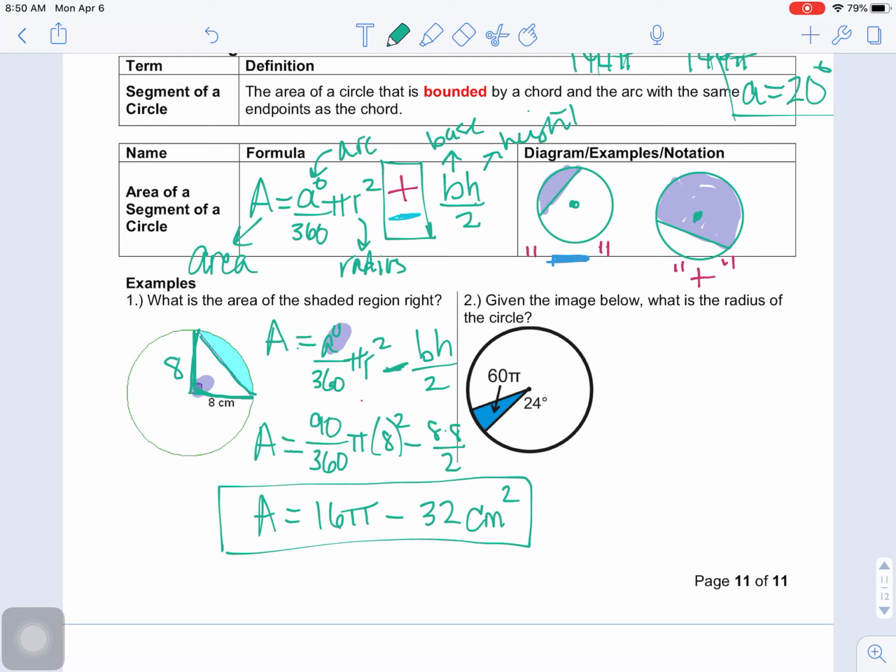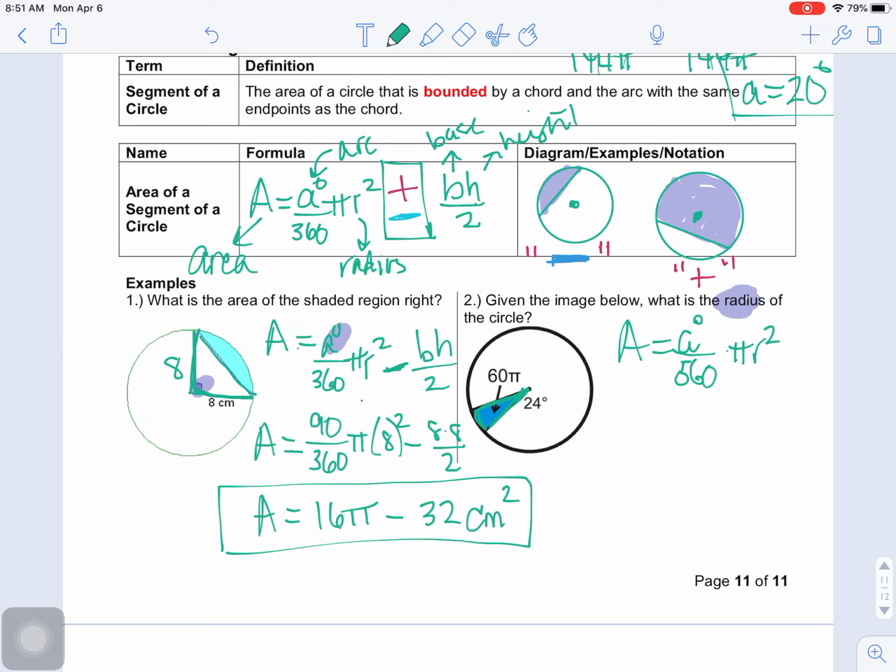So in the second scenario, we're given some information and we're going to be working backwards a little bit to find the radius. So again, I'm going to write my formula: the arc over 360 times pi r squared. And notice how that segment is more like an area of a sector at this point.